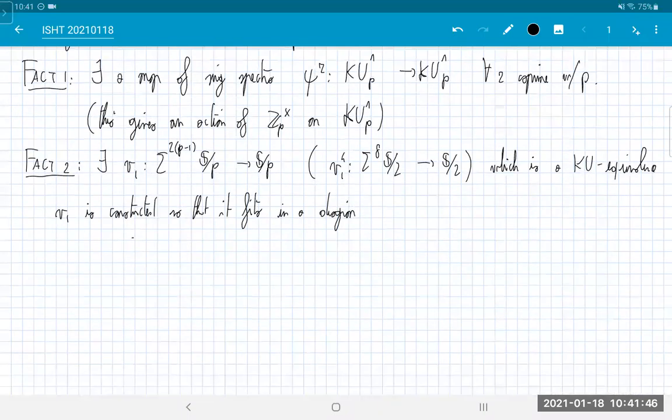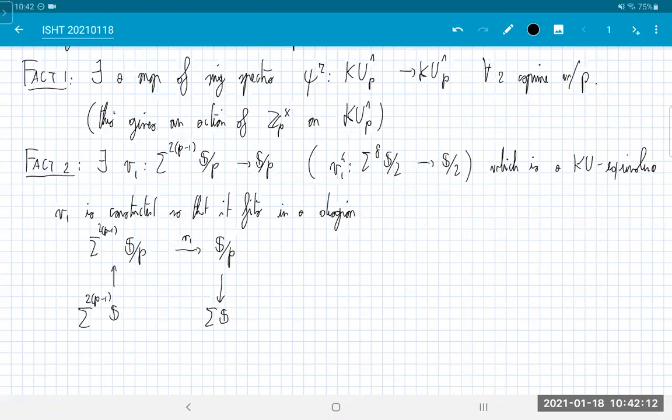So here I have S 2p minus 1, S p, and here you can consider the boundary map of the sequence defining S mod p. Here you can actually consider just the projection mod p.